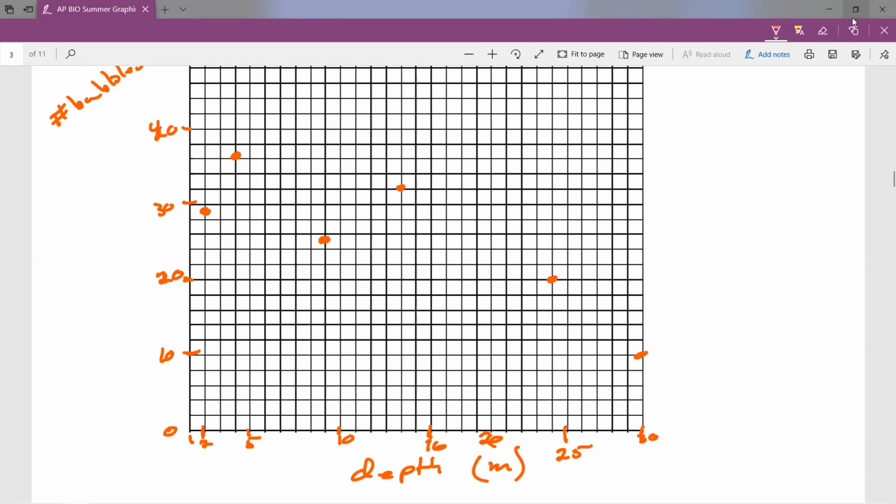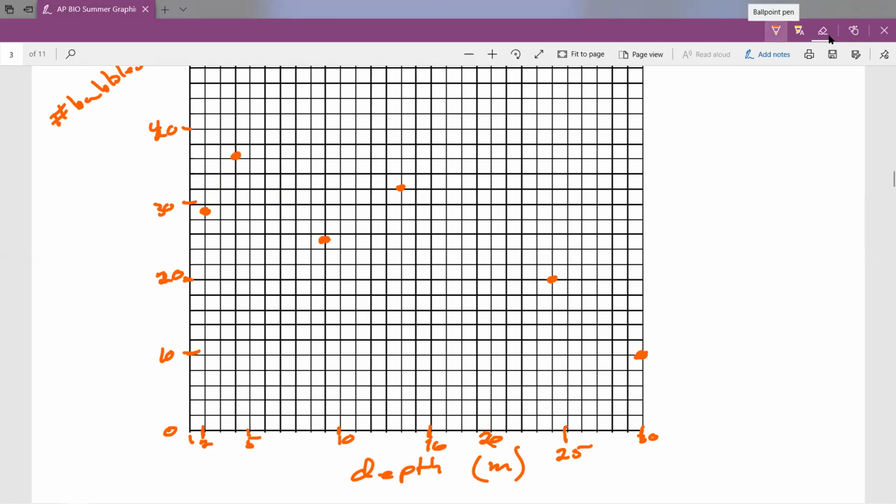Here's the deal. You look at this and you are very likely to say that the line should go like this. The line should not go like that. It didn't tell you in the instructions, but you may remember from biology, and I think I mentioned it in physics, that we want best fit lines.